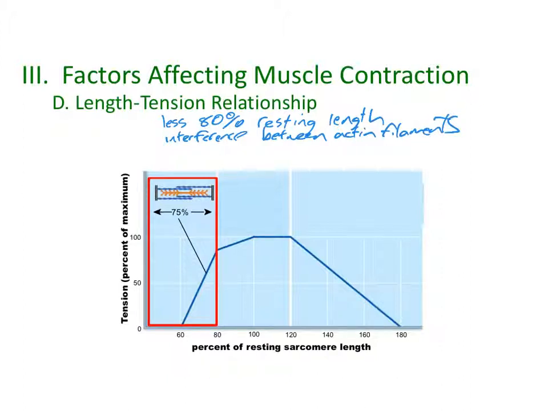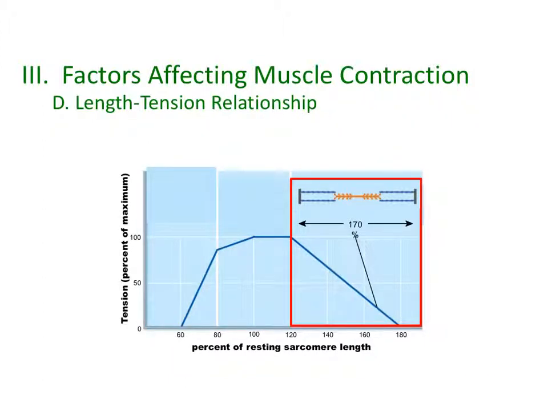And so when this happens, that interference decreases the amount of force. So here you can see the interference and the amount of force decreasing rapidly as these elements interfere more and more.